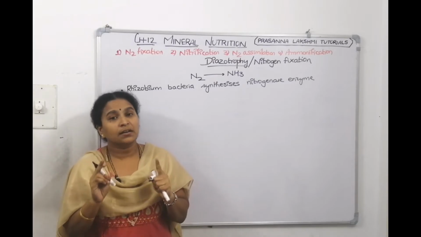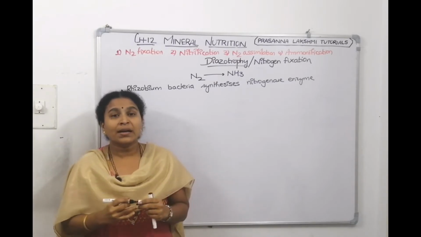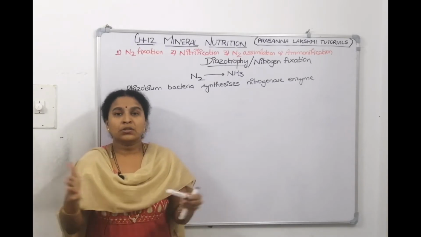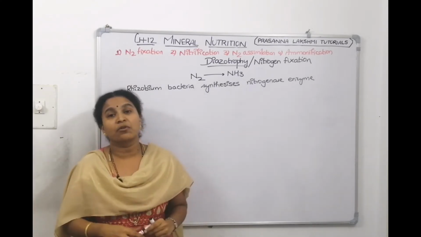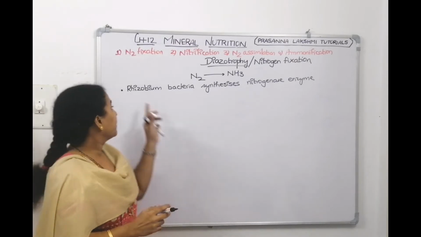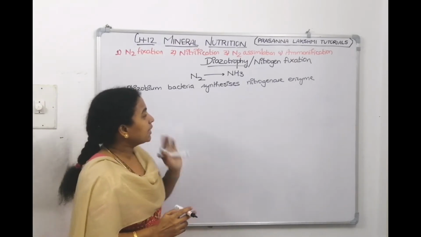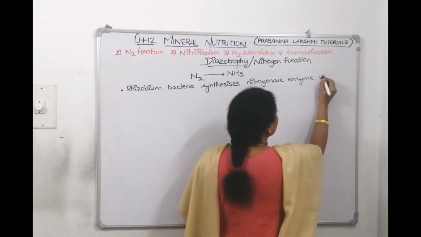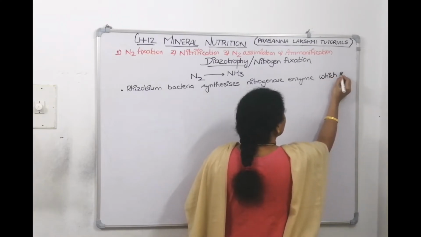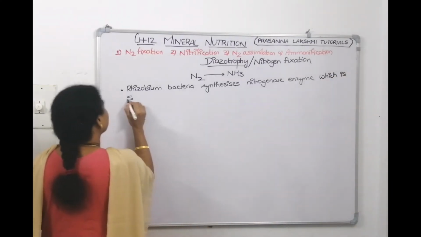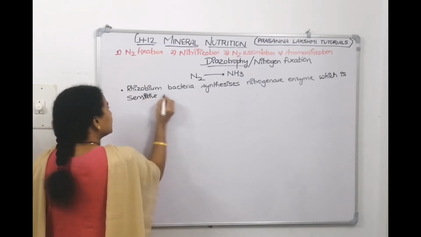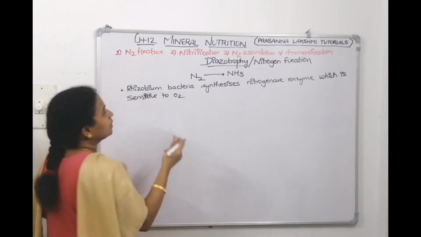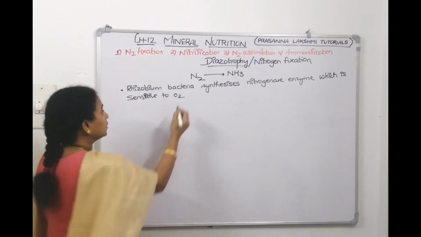It will not work under aerobic conditions. So who will come and remove the oxygen so that anaerobic conditions are maintained, so that this enzyme converts nitrogen to ammonia? Leg hemoglobin. The nitrogenase enzyme is sensitive to oxygen.